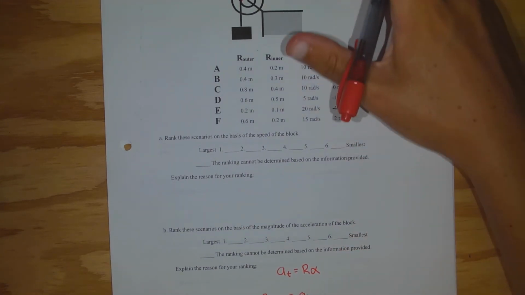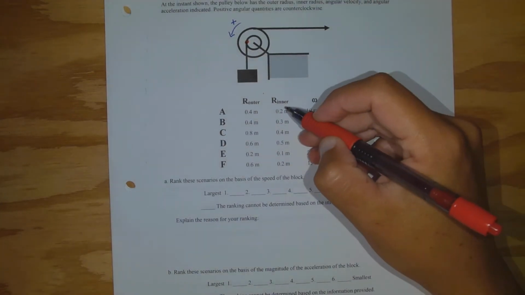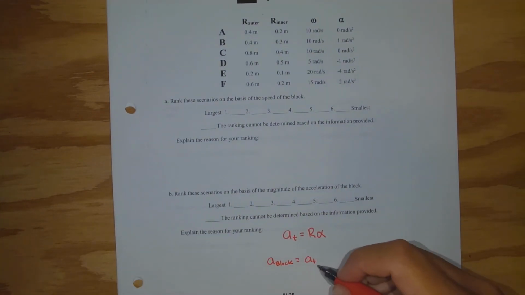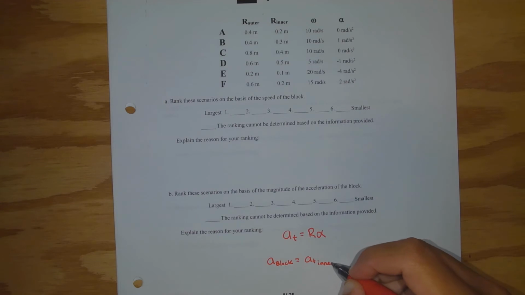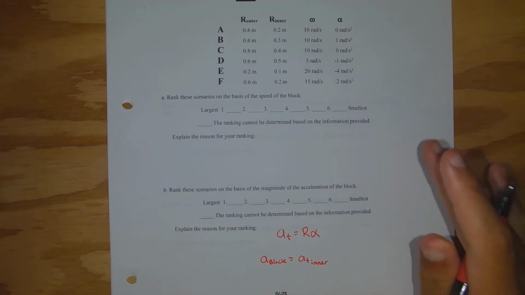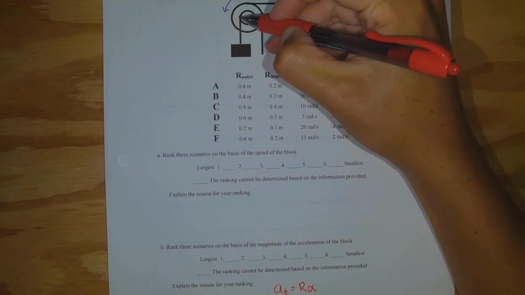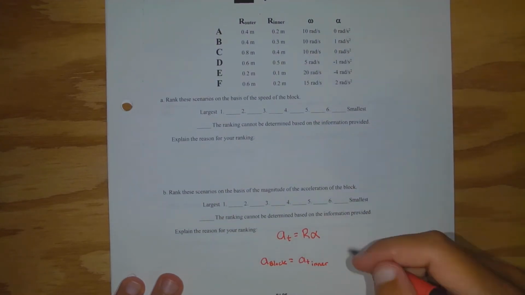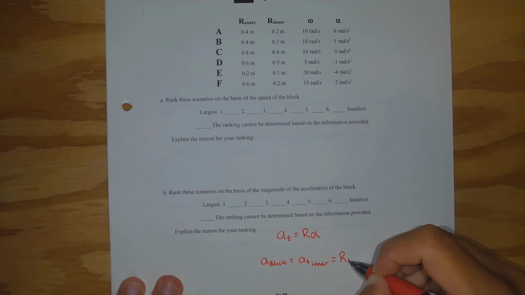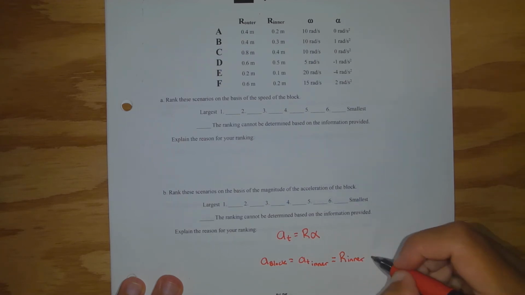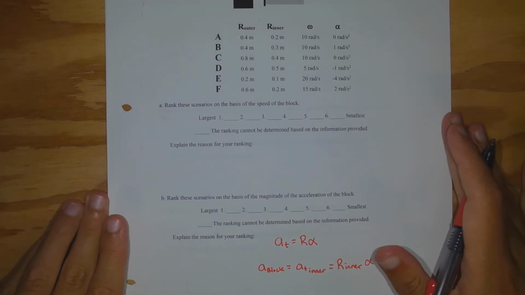of that would be for the inner radius. So let's say the tangential acceleration at a point on the inner radius, that would be equal to r inner times alpha.